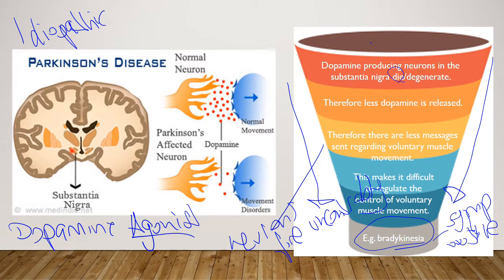Now, what this does is this mimics dopamine, and it makes the neurons more likely to fire. And that on the whole will manage those symptoms that are motor, okay?